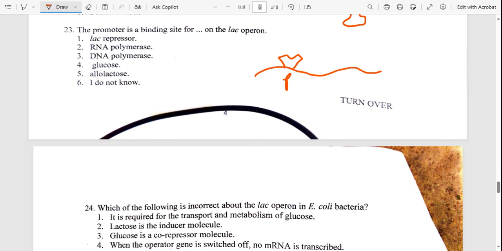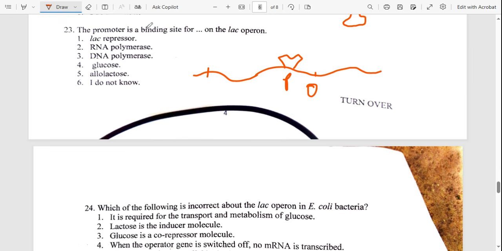That is where the lac operon comes in, to help in the production of those enzymes. So we have what we call the promoter, we have what we call the operator, and then at the end here, we also have what we call the repressor.